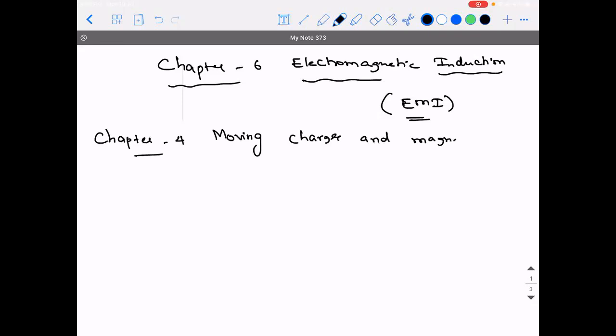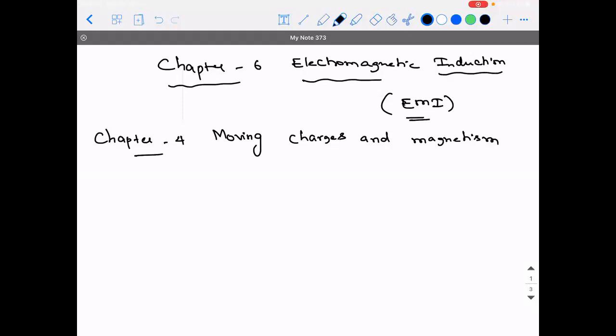That's right. So what did we deal with in this chapter? How moving charges can produce magnetic fields. So this chapter is about how to use magnetism to make the charges move.